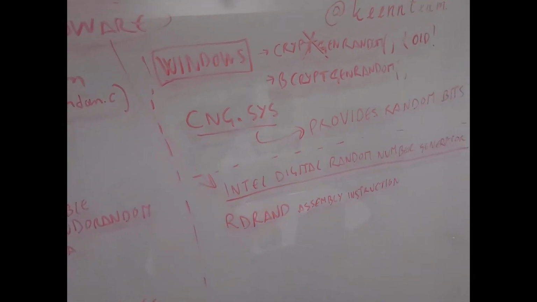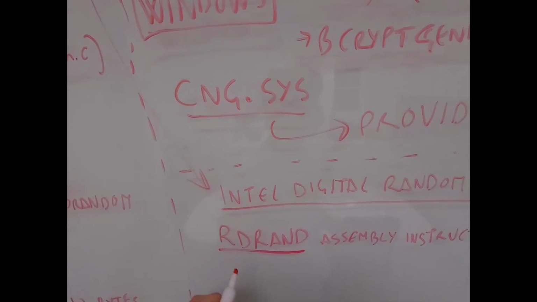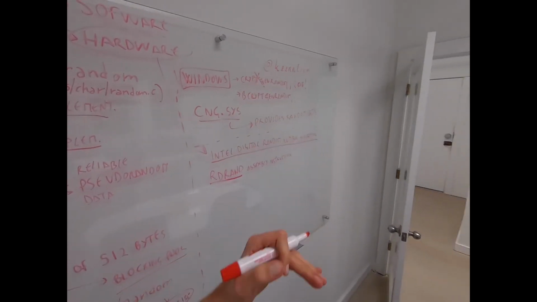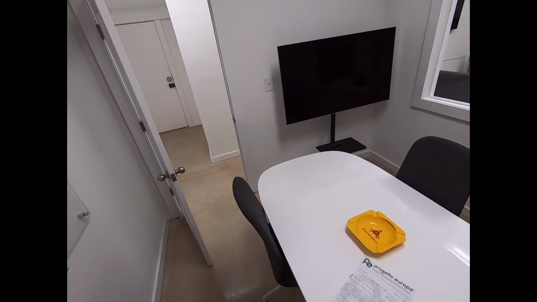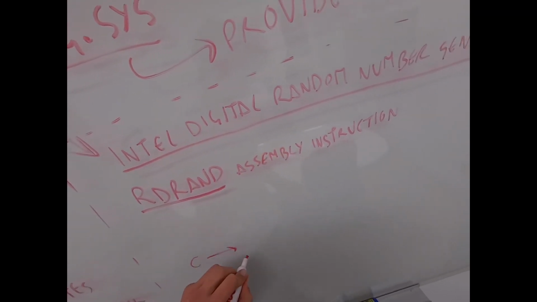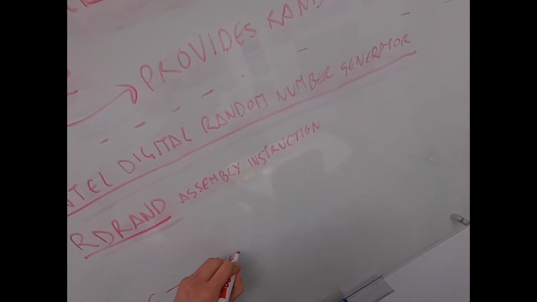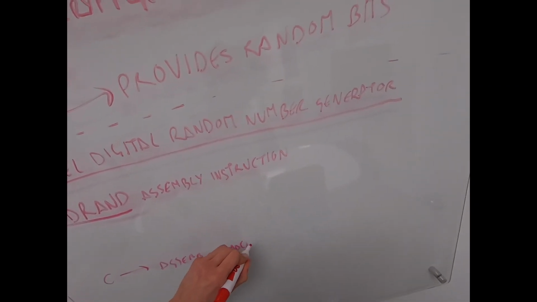Okay, RDRAND assembly instruction, something that you call into assembly. When you write a program in C language, the C language gets compiled into assembly code, which then gets linked, and then becomes machine code.